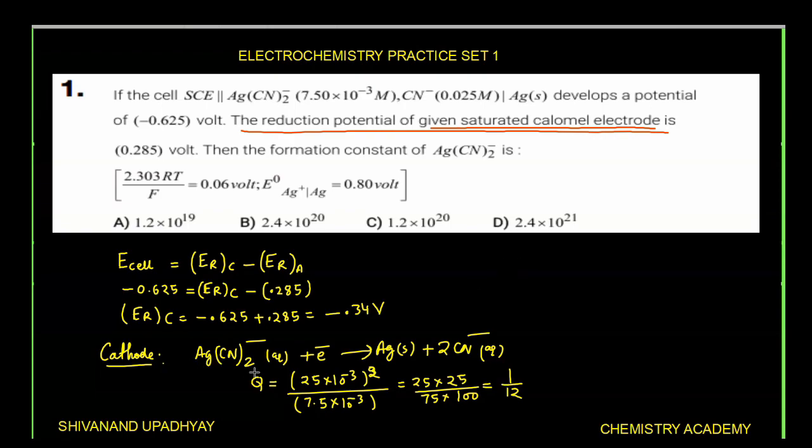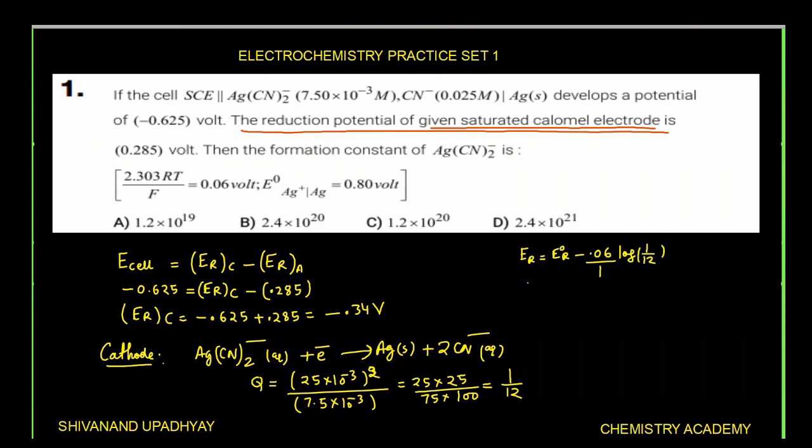Now I'm using the Nernst equation for this half cell. I can write that EMF of this half cell, that is E reduction of the half cell, is equal to E naught reduction of this half cell minus 0.06 divided by number of electrons, which is 1, times log of the reaction quotient, that is 1 by 12.